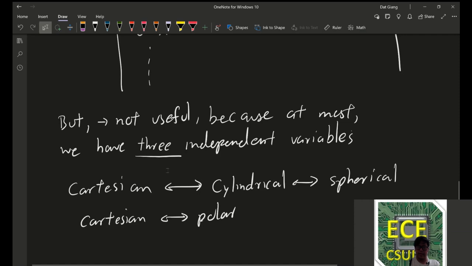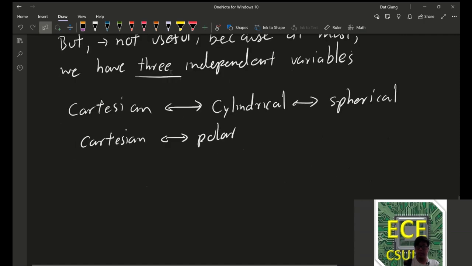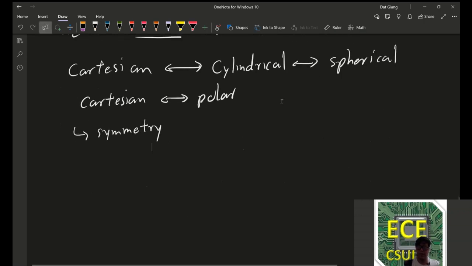The most useful and the best case scenario is only 3 independent variables, and these are useful for symmetry. There are other spaces. There are elliptical coordinates. There are hyperbolic coordinates.